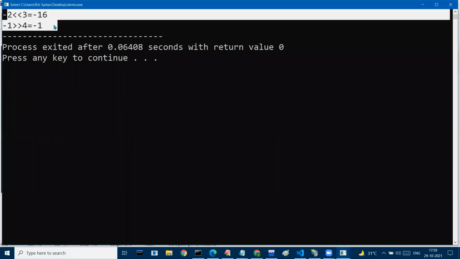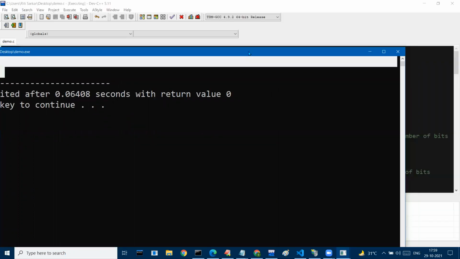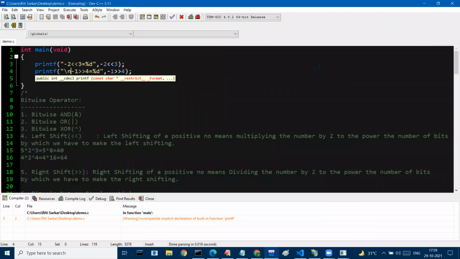Okay, now guys. Left shifting of a positive number, left shifting of a negative number. I hope everyone got it. So this is all about the bitwise operators, sir. For negative numbers, even with multiplication you will get the result. If you feel you will not go for this approach, you can use multiplication.